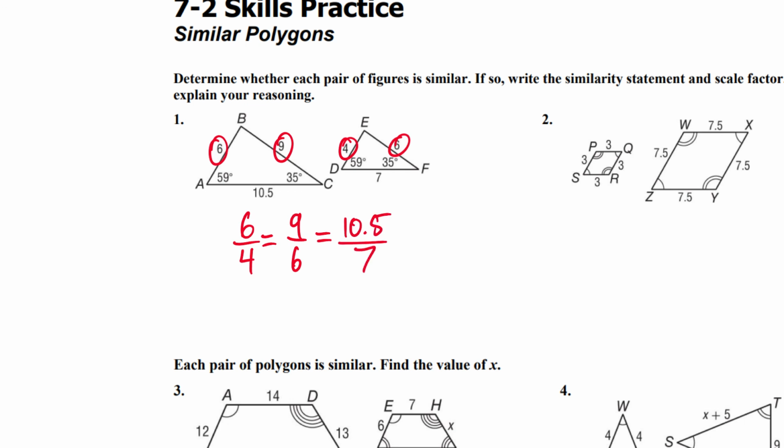And what you're going to do is just see, are those ratios equal to each other? And you can just get the decimal to see if they're equal. If they're all equal, then those two figures are similar to each other. If they're not all equal, they're not similar. So that's what you're doing on 1 and 2.